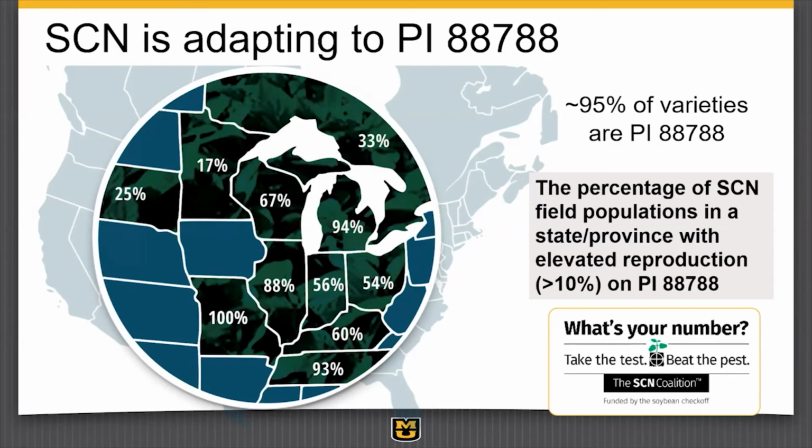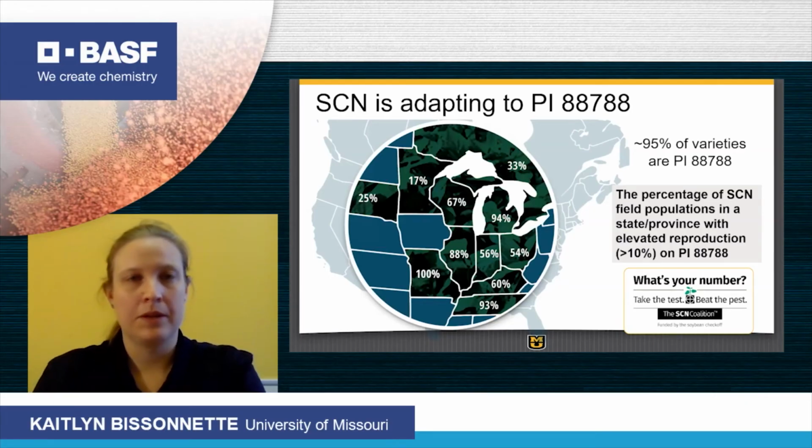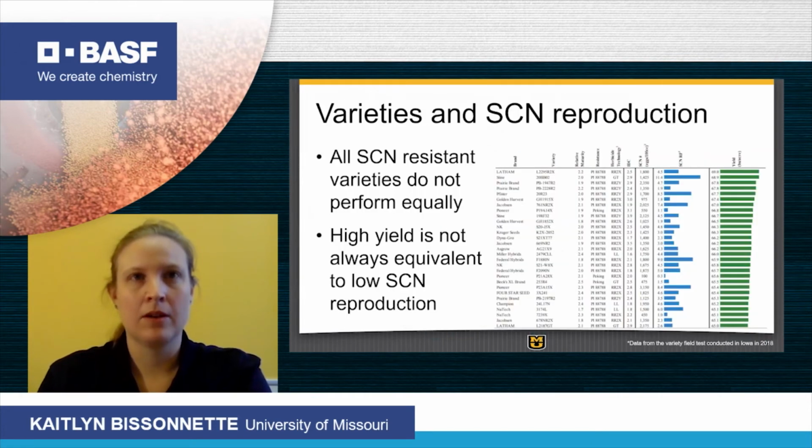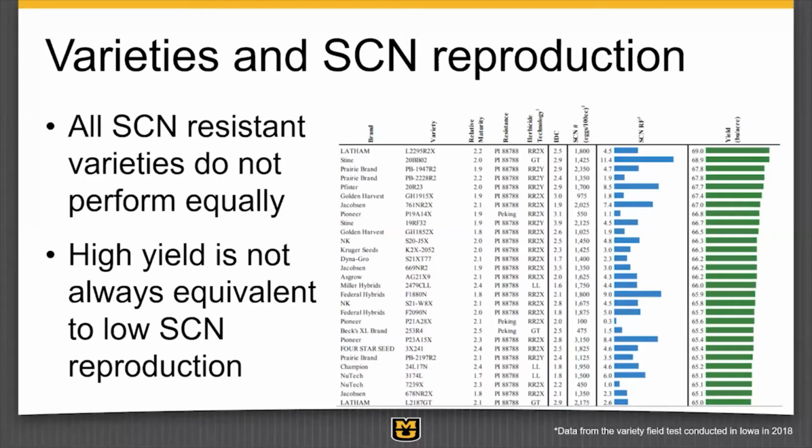And Missouri has won the race to 100% of populations that have been sampled recently to be resistant to the current source of resistance. Now, that does not mean that resistance is entirely failing. What we have found is that all resistant varieties do not perform equally.